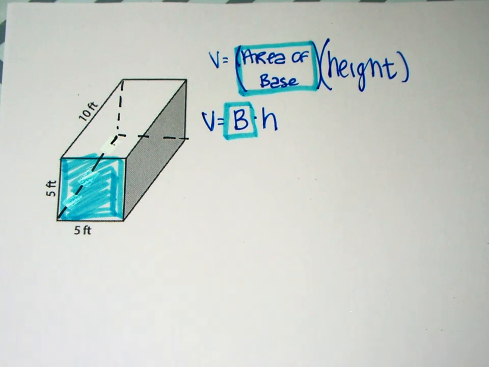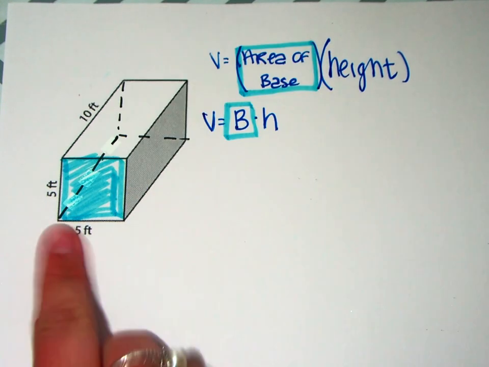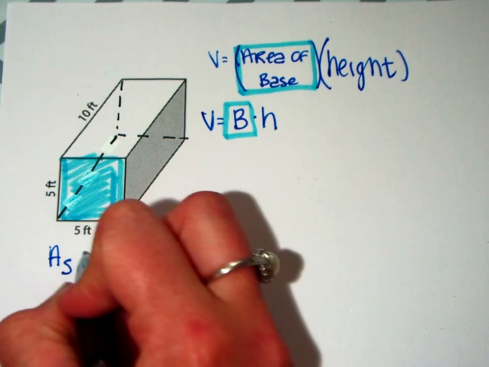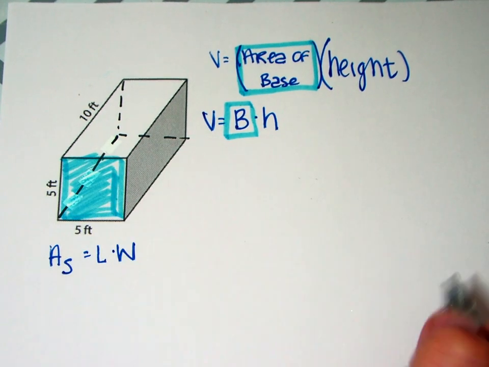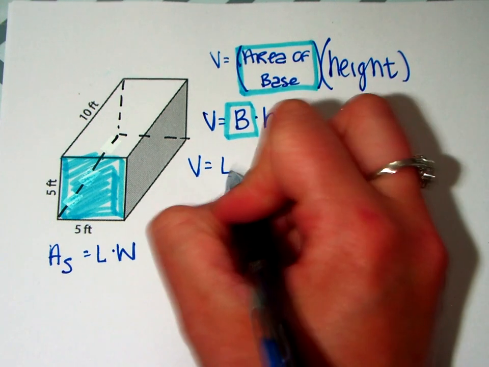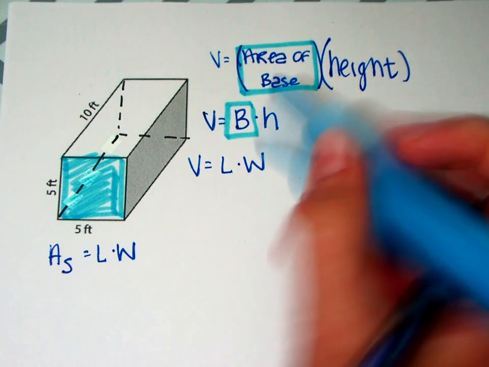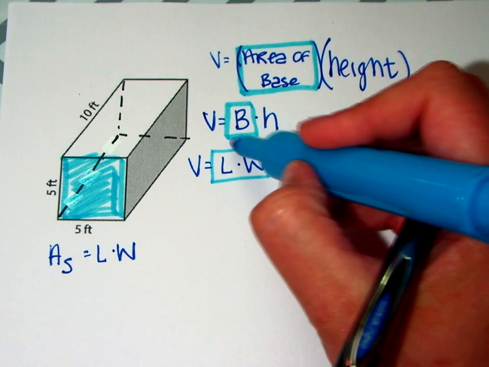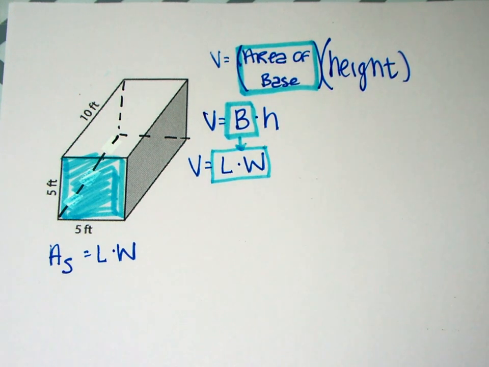If I basically ignore the rest of this picture, this is a square. My area formula for a square is length times width. So what we actually do is we change the capital B to the area formula for a square. My area of the base changes depending on what the base shape is.